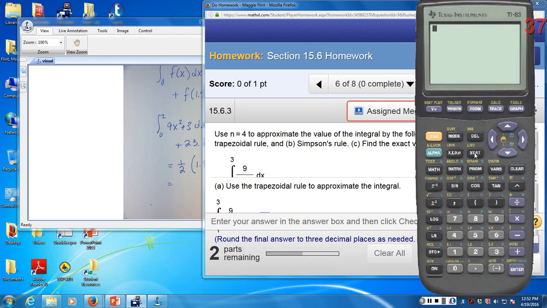That's going to be second stat, math, and over to sum, find me the sum of list 2. And then multiply that sum by 1/2. So that's a little bit faster than doing it all the way out by hand and feeding in the numbers. Okay? And you could do Simpson's rule the same way.